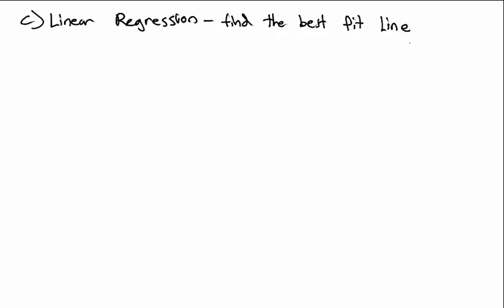And now the formulas for finding the best fit line are rather ugly looking. They're actually pretty easy to calculate. They just look really ugly and scary. We're going to use our calculator to do all the hard work.